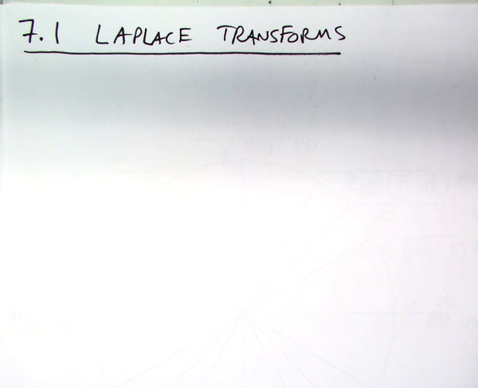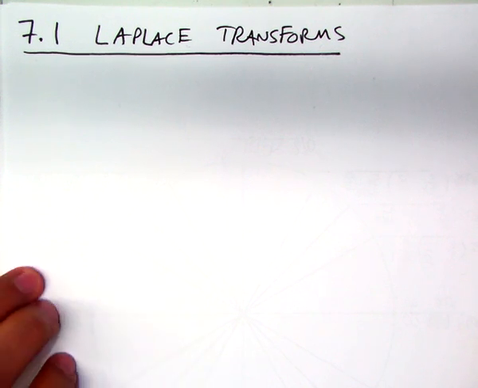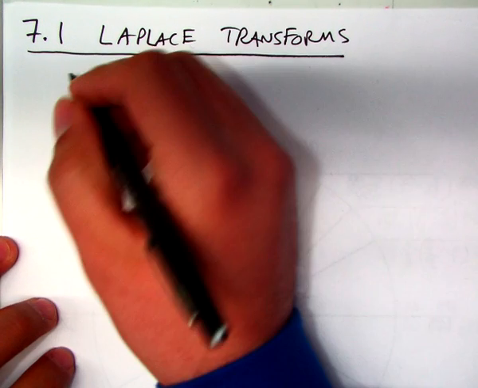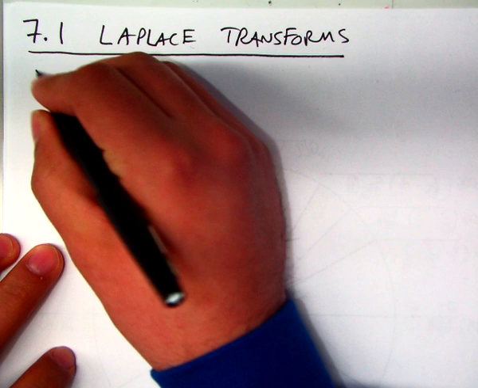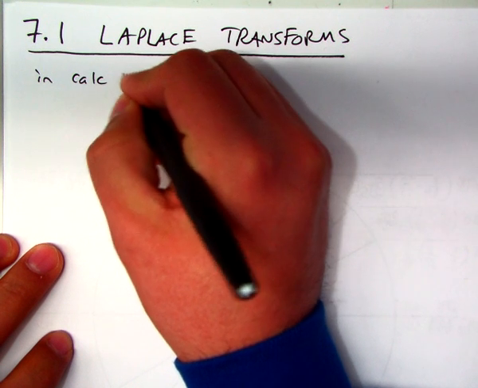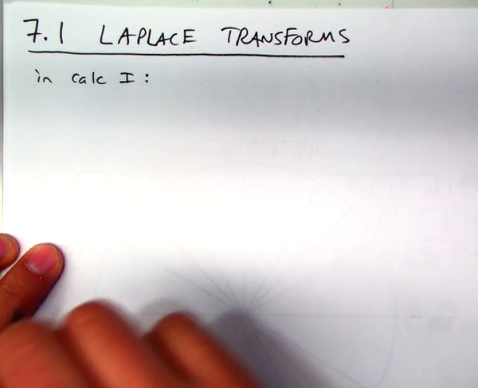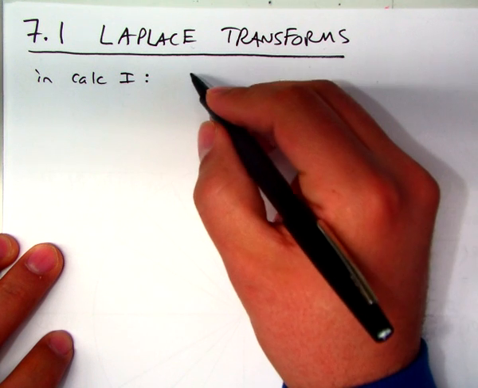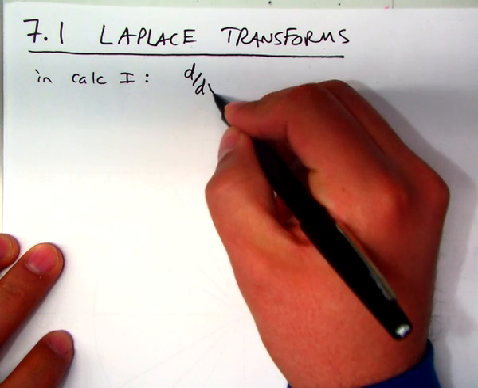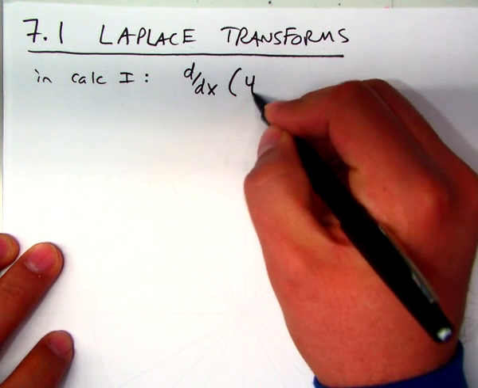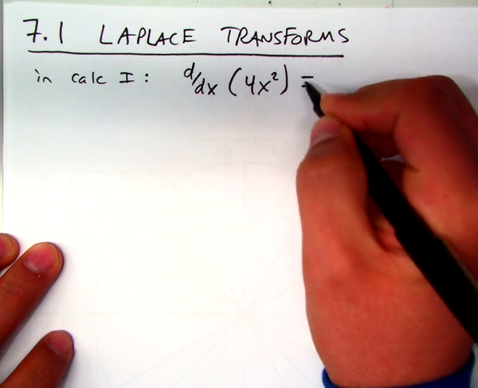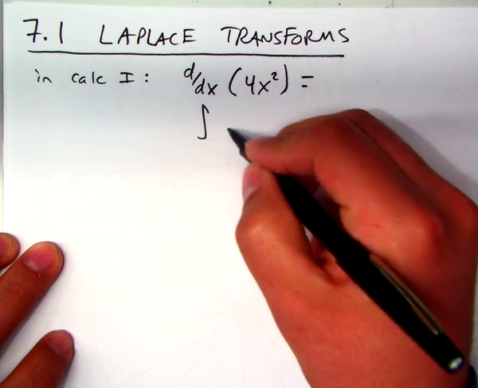Before we define the Laplace transform, just look at a few things that you've learned along the way. In Calc 1, you mainly did two things. You took derivatives of functions, and you also integrated functions.